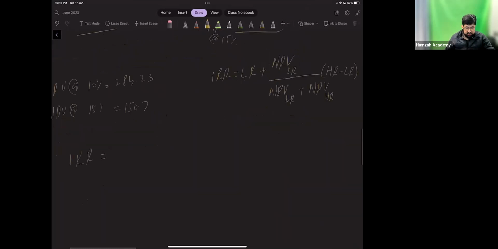This is what we need to apply. So IRR is 10%, the lower rate, plus NPV at lower rate, 284.23, into 15% minus 10%.